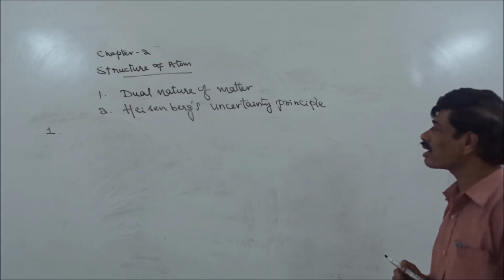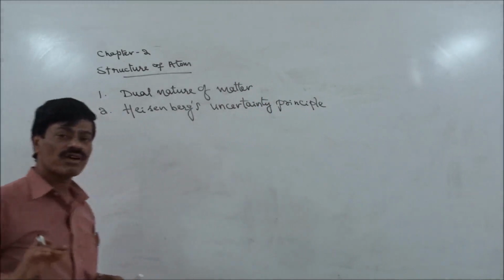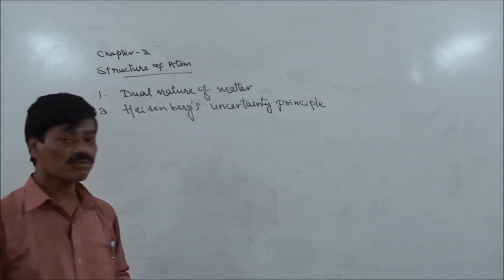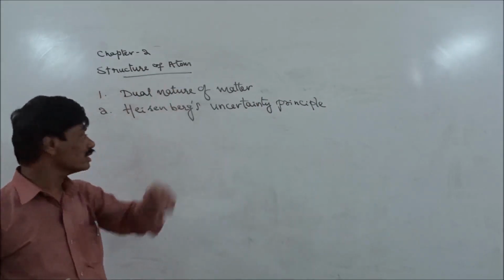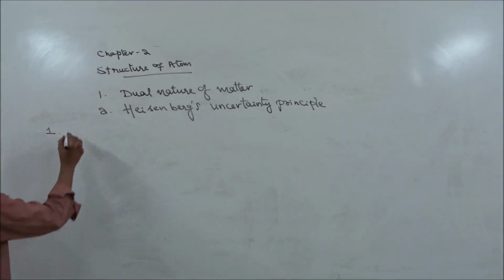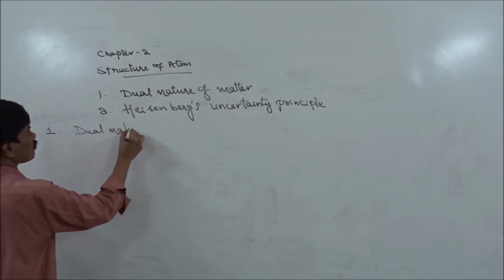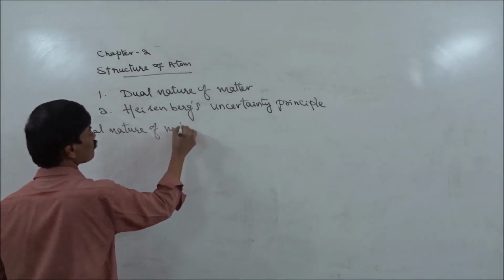In the quantum mechanical model of the atom, these two developments were incorporated. Now let us see these one by one in detail. The first one is the dual nature of matter.